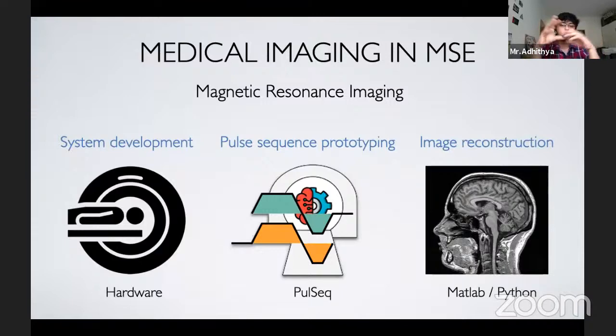So as you can understand from what I said, there's a lot of hardware involved in MR systems development. Similar to CT, you also have a patient table where the patient is placed. You can always do developments in the patient table, where, similar to computed tomography, you can also use various sensors in order to reduce or cancel out motion artifacts.